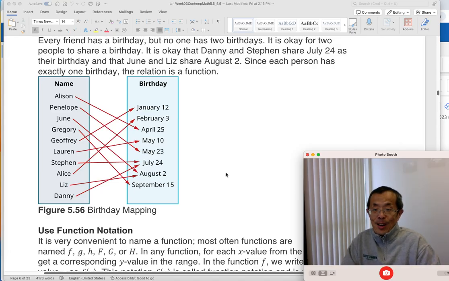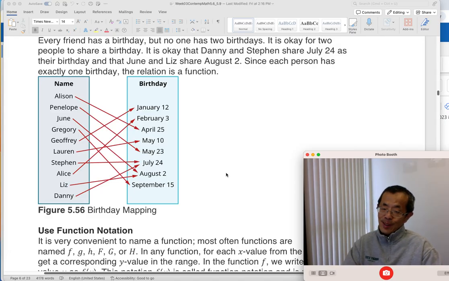Obviously she cannot have a second birthday, and the same goes for all the people listed in the table to the left. Each person has exactly one birthday, or each input has exactly one output. This relationship between names and birthdays is considered a function.